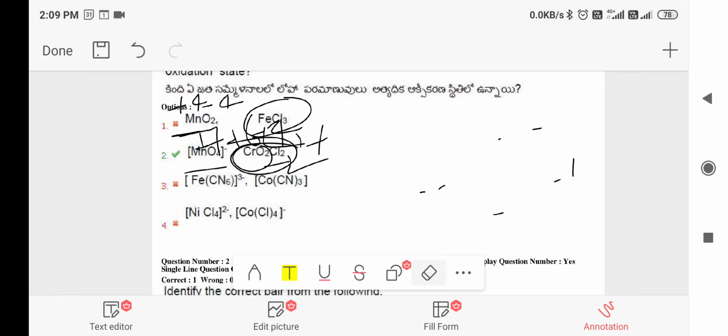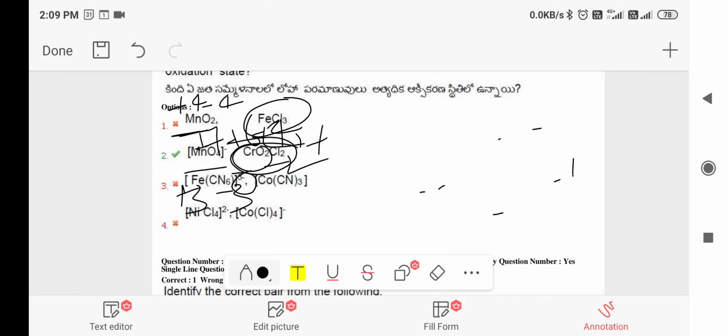Like that, here the cyanide ion, each cyanide ion carries -1, and we have -3 charge on the square bracket. So the remaining -3 is neutralized by this Fe+3. Here also each cyanide ion is -1, so we have 3 cyanide ions. So here cobalt is +3.